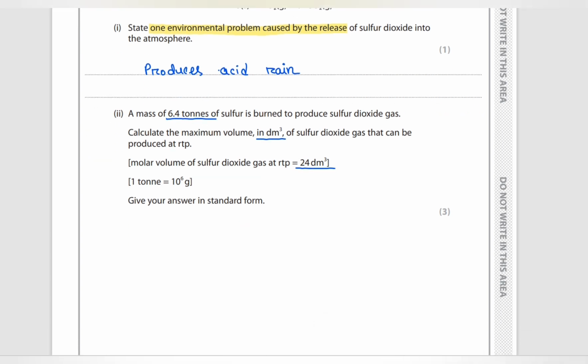If 1 ton is equal to 10 to the power 6 grams, then 6.4 tons of sulfur that have to be burned to produce sulfur dioxide will be 6.4 into 10 to the power 6 gram. So the mass is 6.4 into 10 to the power 6 gram.